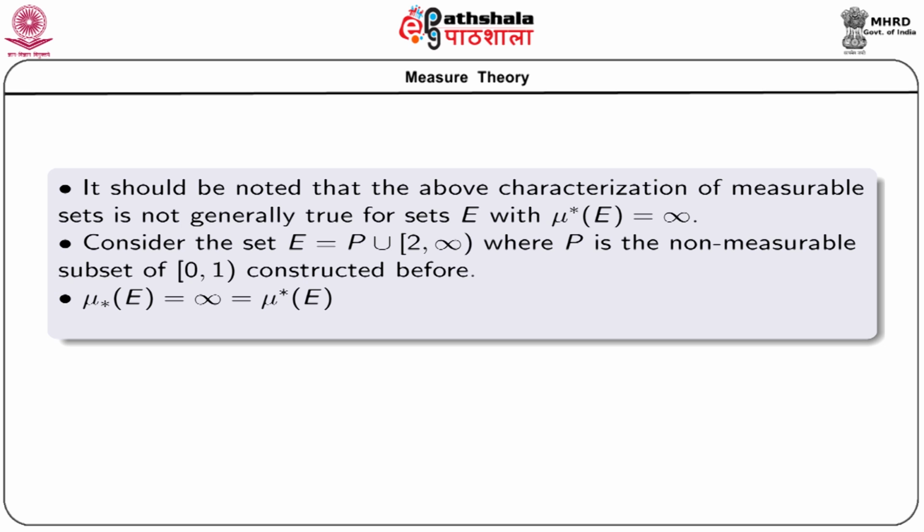Observe that mu upper star E as well as mu lower star E are both equal to infinity, because the set closed 2 infinity open has outer and inner measure both equal to infinity, and it is itself a closed set contained in E.